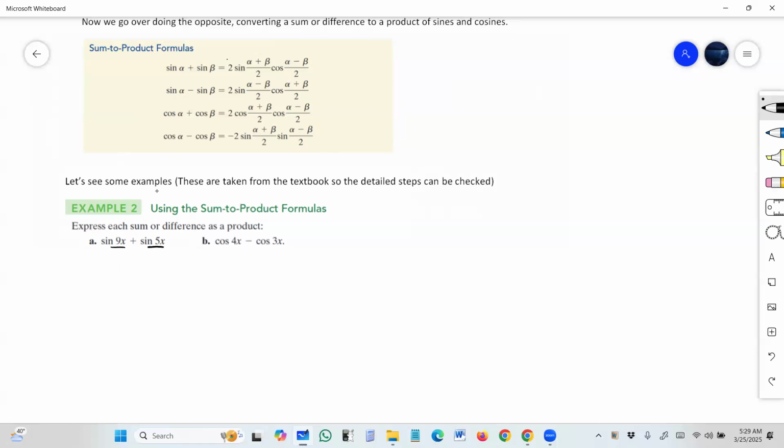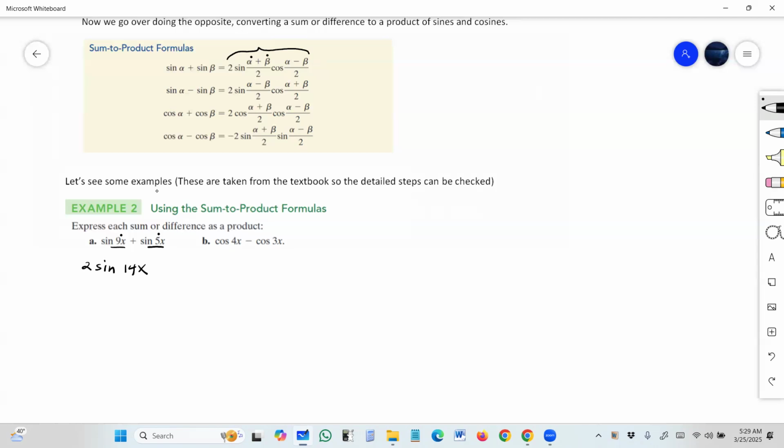This is the formula: 2 sine of alpha plus beta over 2. So 9x is my alpha, 5x is my beta, and 9x plus 5x is obviously 14x.